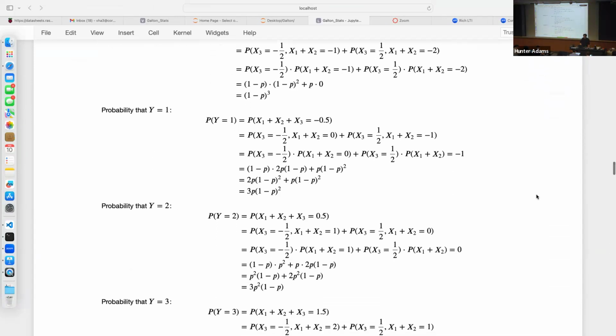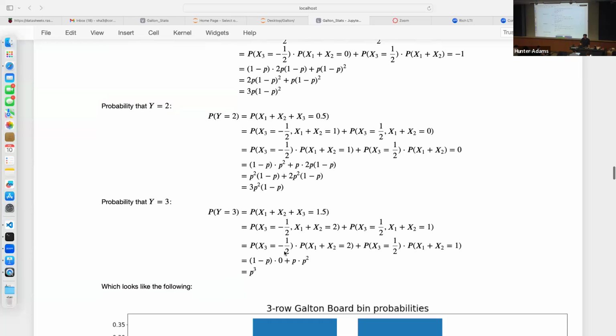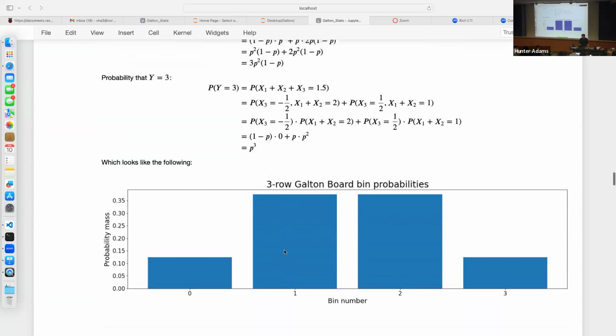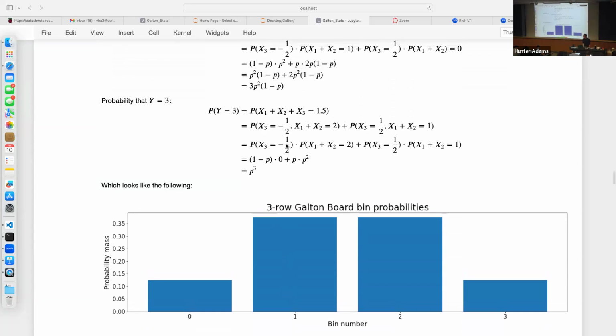And by going through the same exercise that we just illustrated, you end up with your probabilities down here, and you end up with a distribution that looks like this. We could walk through this if folks like, but it's exactly the same kind of analysis that we just saw. You're considering every possible value for one of your random variables and asking what value must the other random variable have assumed in order to give us the bin number that we're asking for.